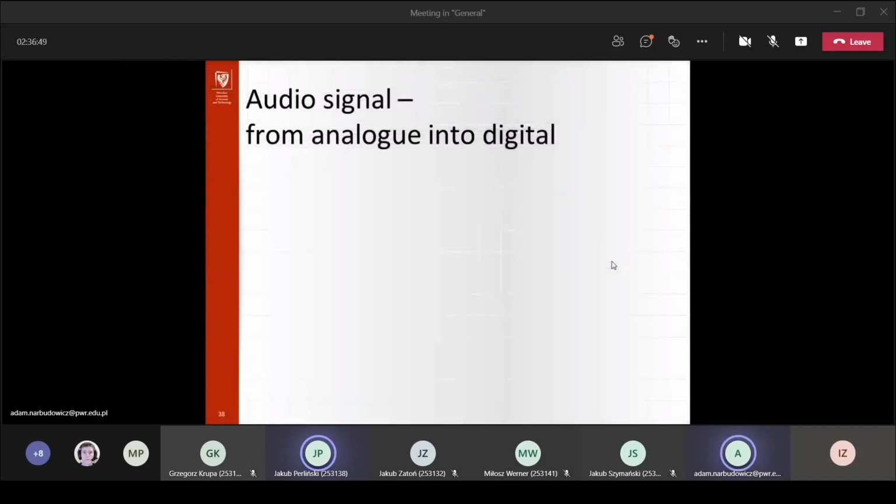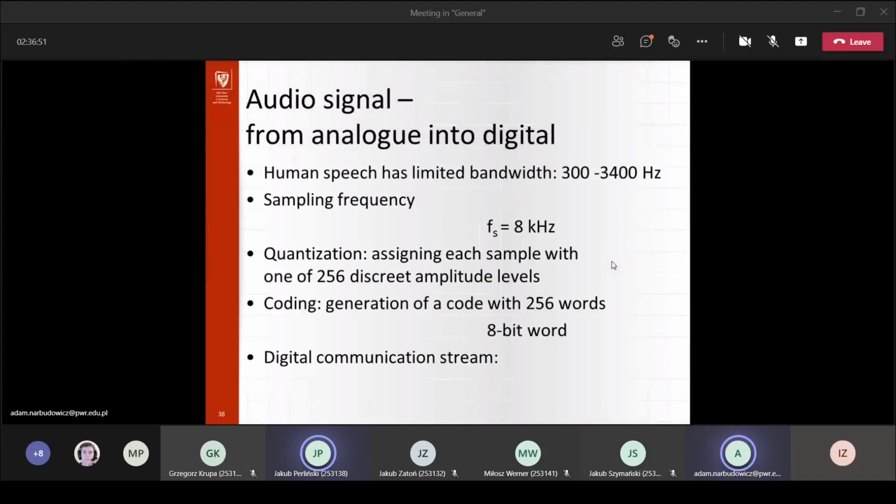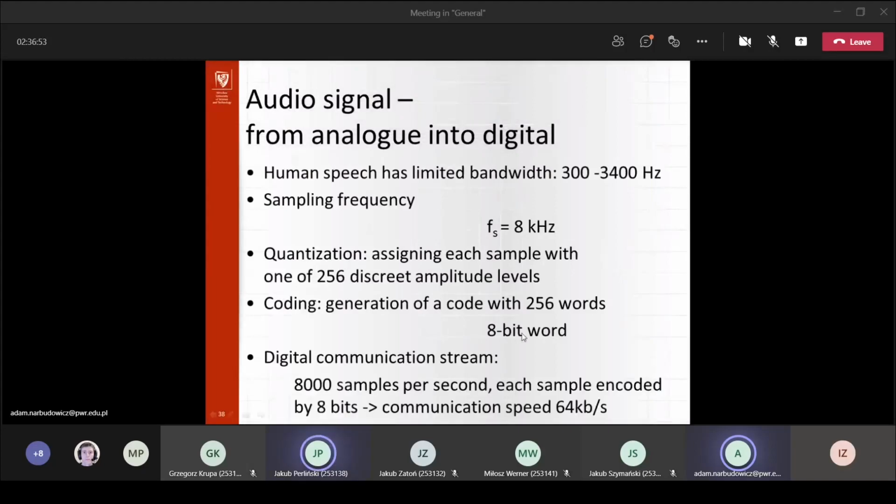Yes. So basically, the 8-bit word simply comes from the fact that we have 256 discrete values. So to represent 256 discrete words, each word will require eight bits.